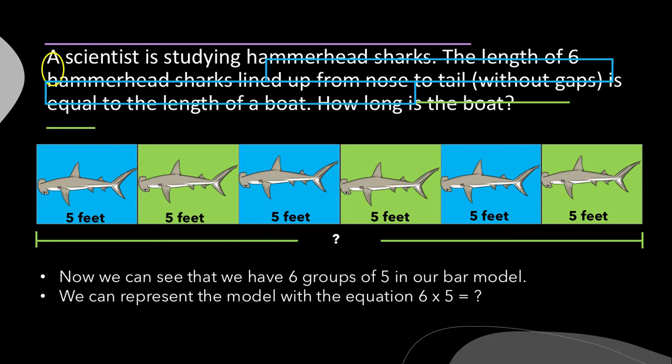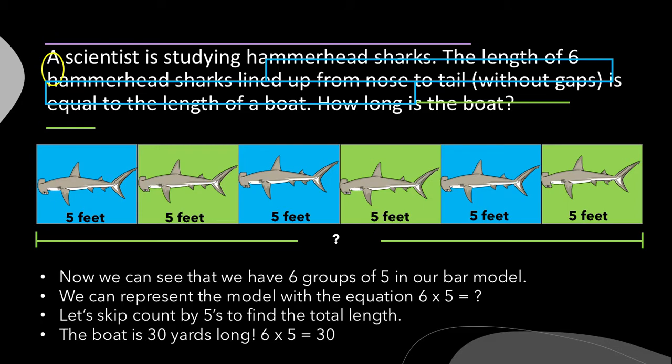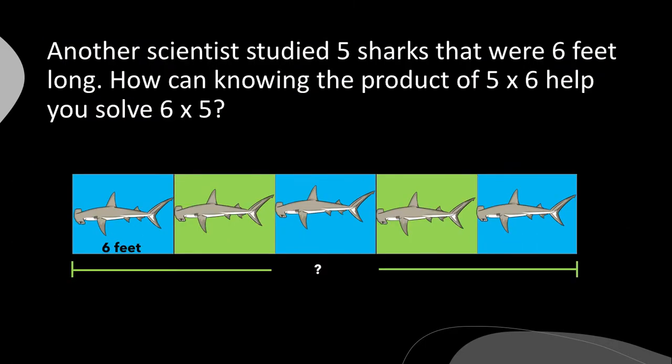When you do this, you are also kind of doing repeated addition. You have 5 plus 5 plus 5 plus 5 plus 5 plus 5. So when we skip count, we get the total of 30. Our product is 30. Our factors are 6 times 5.